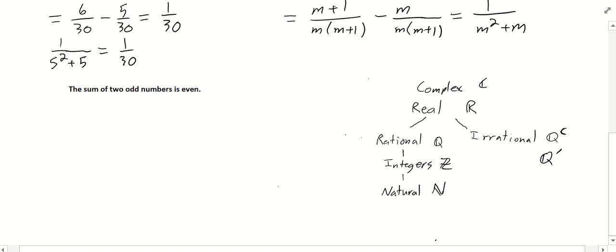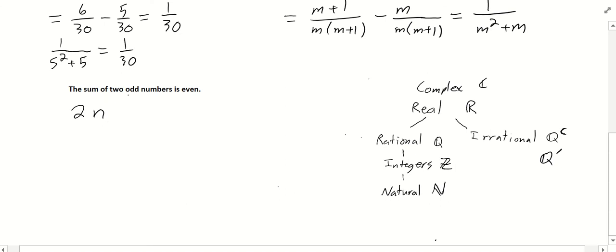With even numbers, we're looking at numbers that we can divide by 2. For example, if I had 2 times n, as long as n is an integer, I know that this gives me an even number. I can plug in any integer for n, and it's going to be an even number.